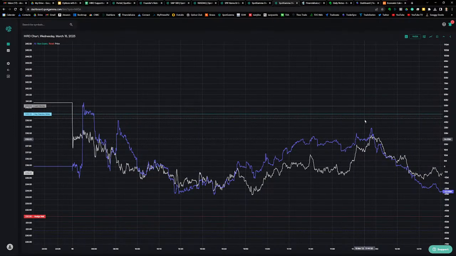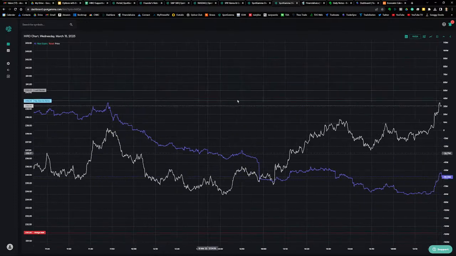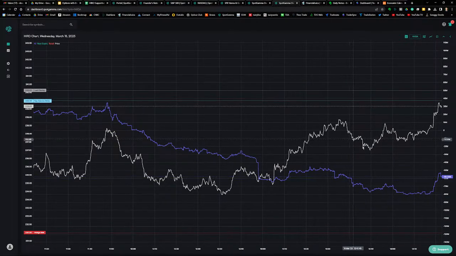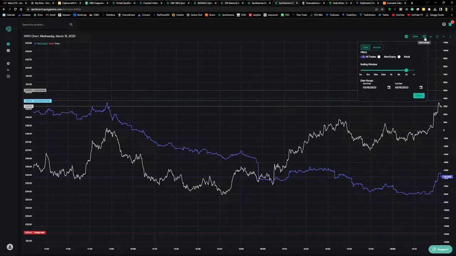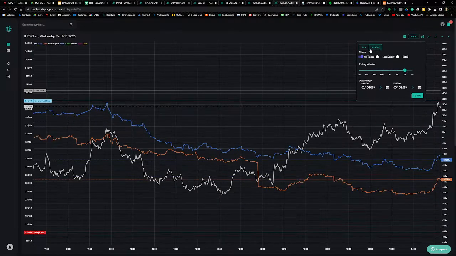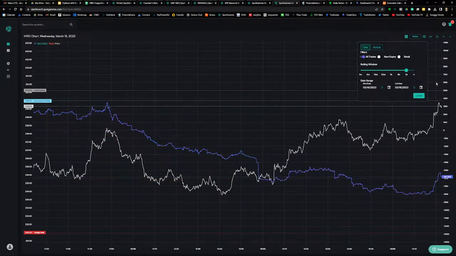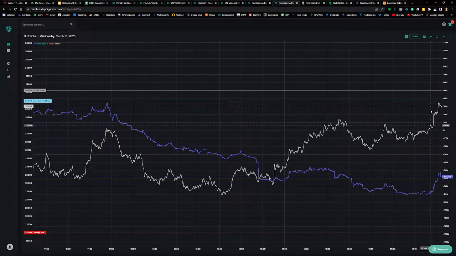Short in the morning, long, then short again, and now it's not really confirming this latest move. All right, let's take a look at QQQ.